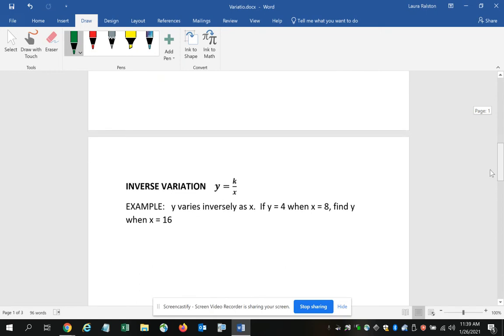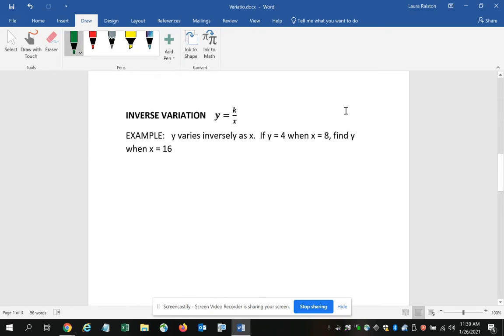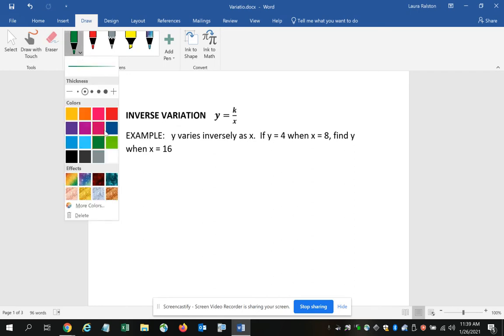Then let's go on to inverse variation. What changes with inverse variation is the generic formula. It becomes y equals k divided by x.